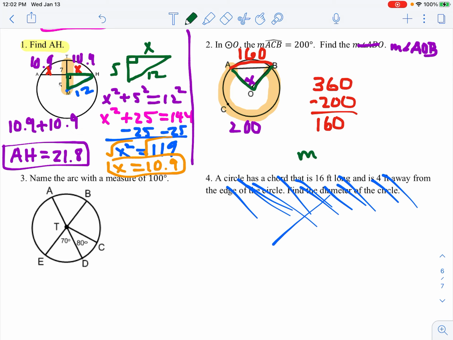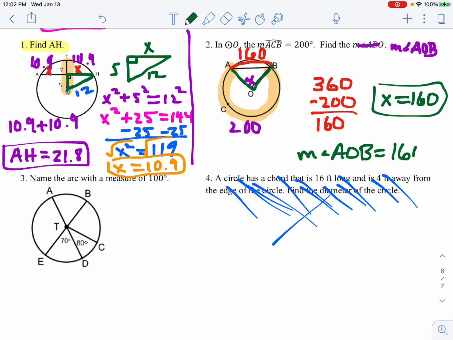So in this, x should equal 160. So technically, the measure of angle AOB should equal 160 degrees.